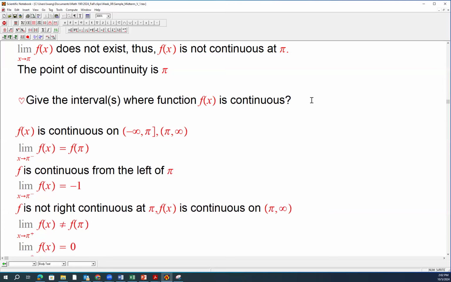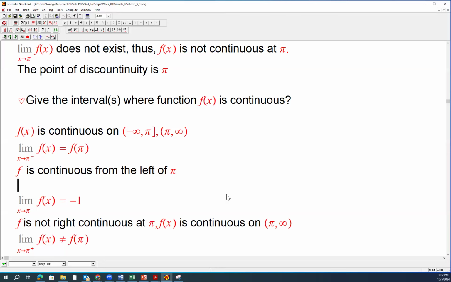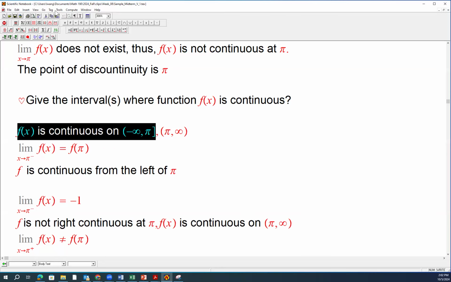We look at the left of pi and the right of pi, and we realize that as x approaches pi from smaller than pi, the limit of f of x equals the function's value at pi. So by definition, f is continuous from the left of pi, and thus you say the function is continuous.